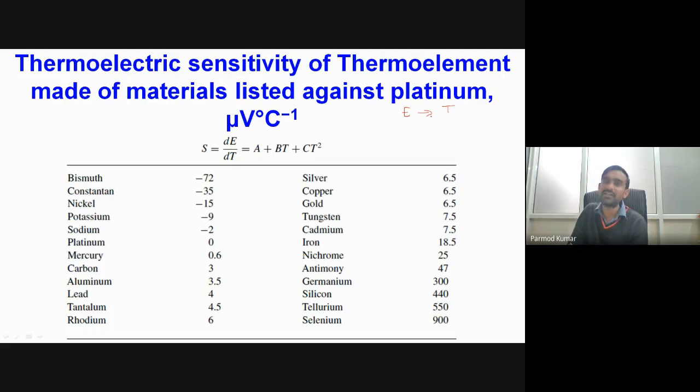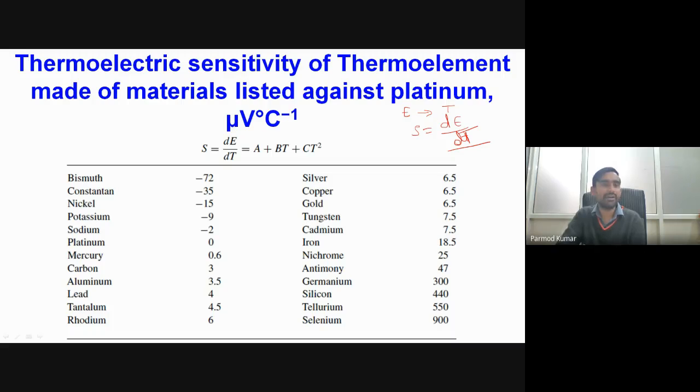So we will be finding how much change there is in our output for unit change in our input parameter. Therefore our sensitivity is equal to dE by dt. If you do dE by dt using the previously fitted equation, you will find dE by dt is A plus Bt plus Ct square.